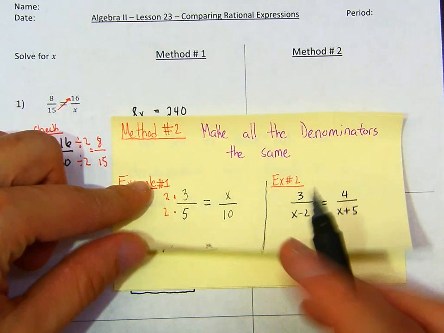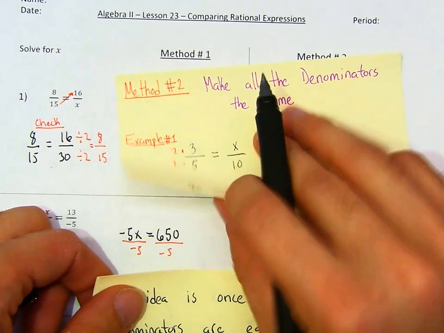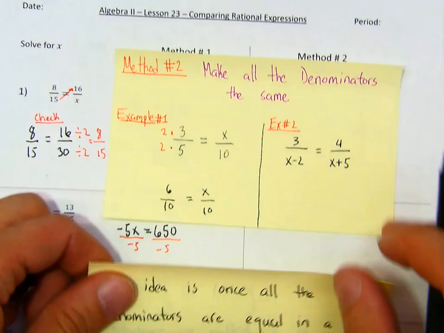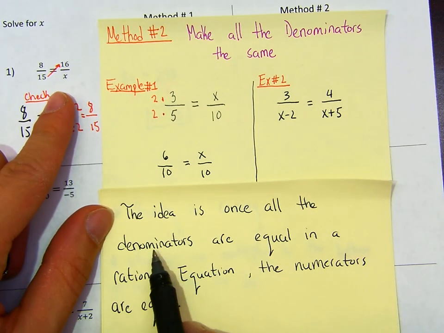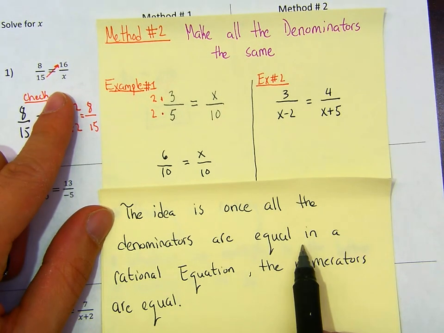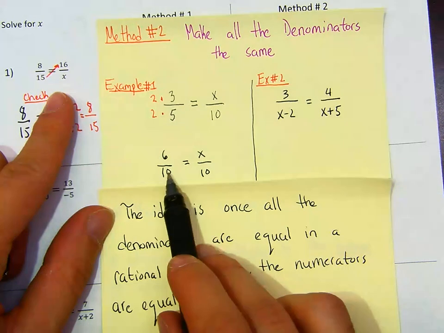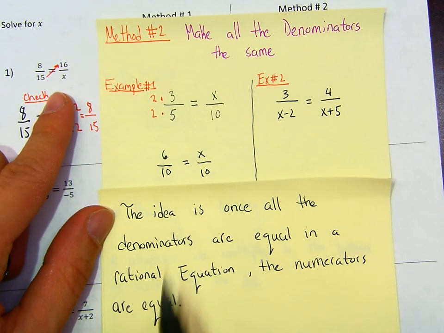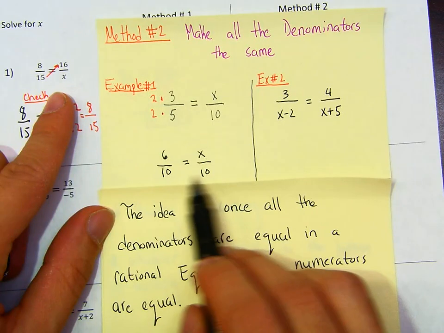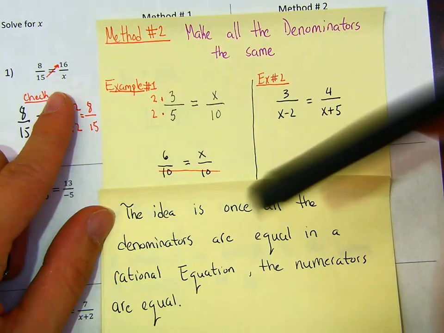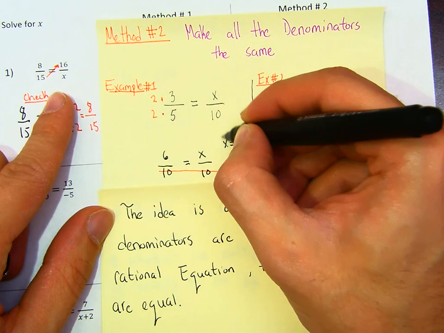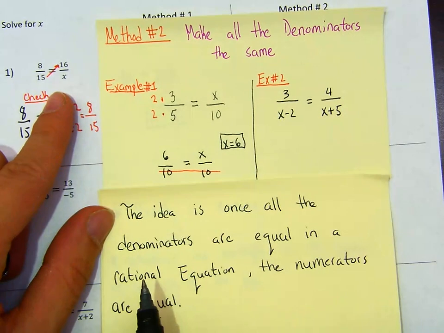And the idea is, please have this down, once all the denominators are equal in a rational equation, when these two denominators are equal, then the numerators are equal. So once this happens, what you're allowed to say is that x is equal to 6. And that's it. Okay?